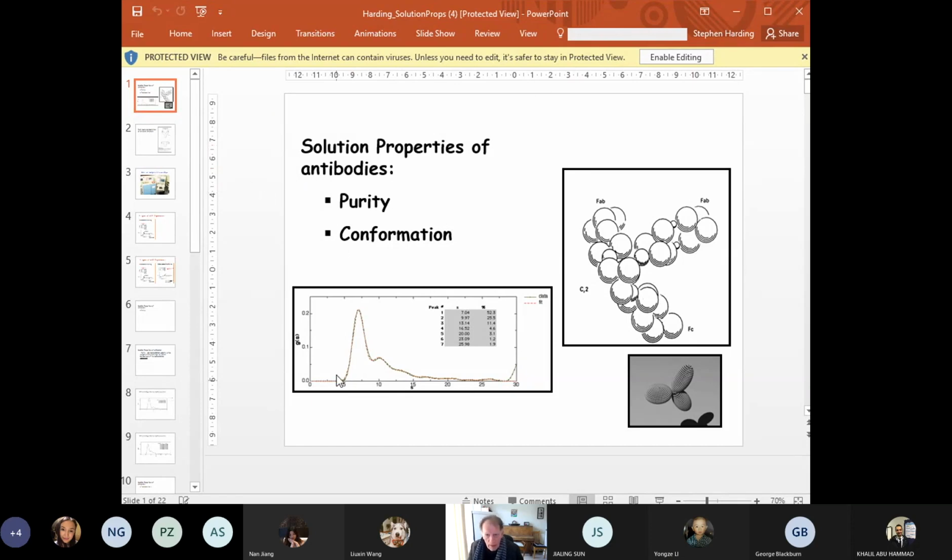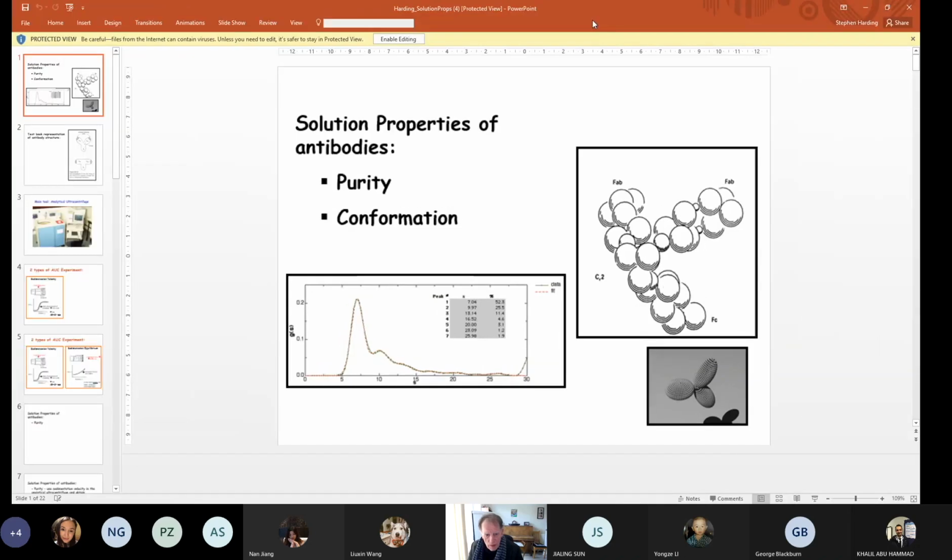Brilliant. Okay, so for the next hour or so, and we'll see how it goes, if it's going on a long time, we might have a break in between all this. So it's about how we quantify the molecular integrity of antibodies, the presence or not of aggregates, and whether the molecules are intact or not.